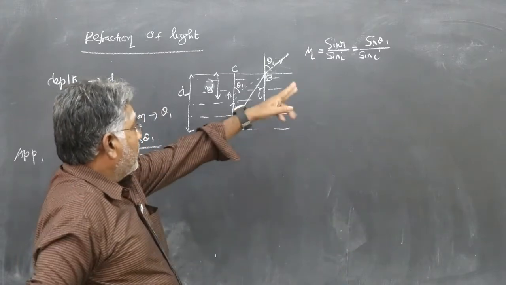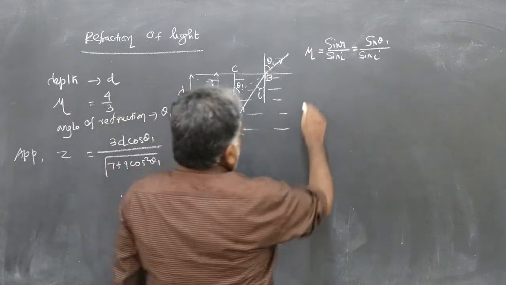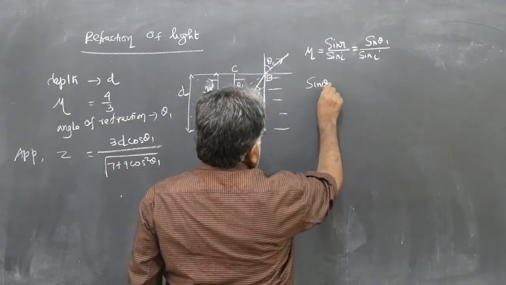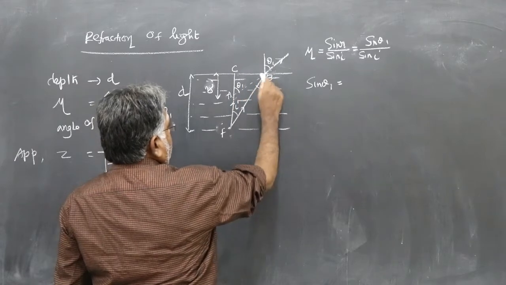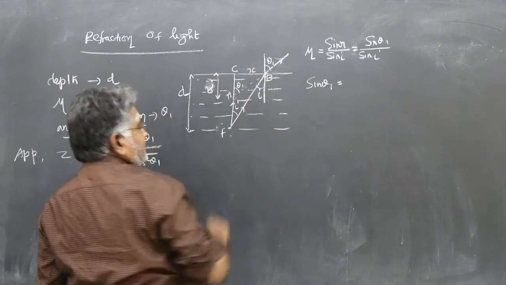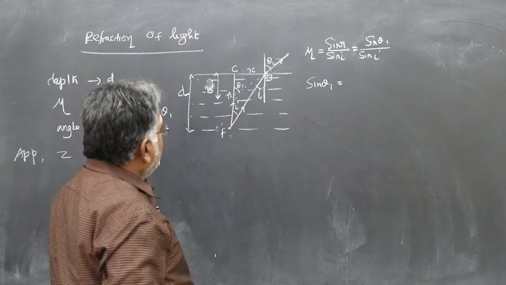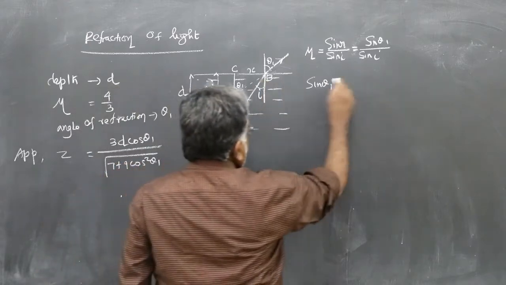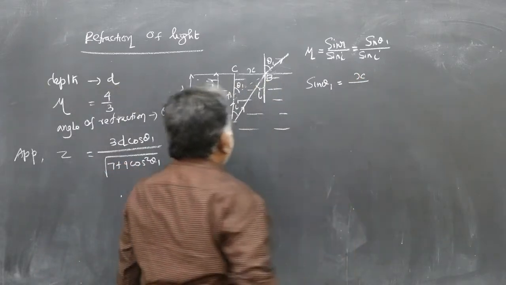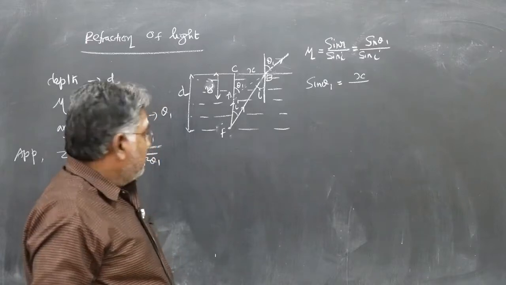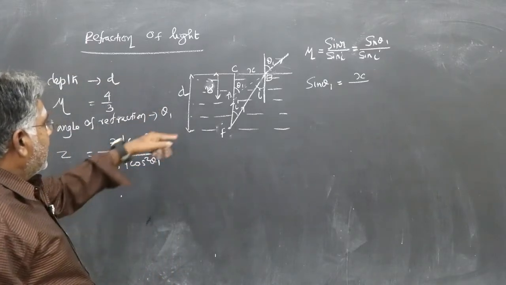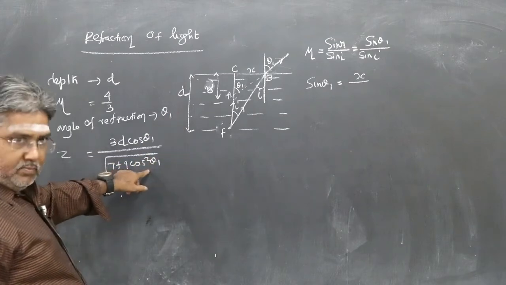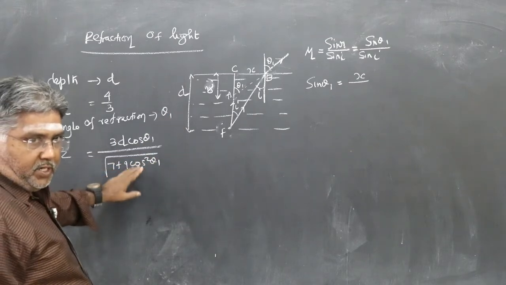So sin theta 1 by sin i. Sin theta 1 is opposite by hypotenuse; I call the opposite side x. So x by AB, AB is the hypotenuse, but you see in this figure there is no hypotenuse given.